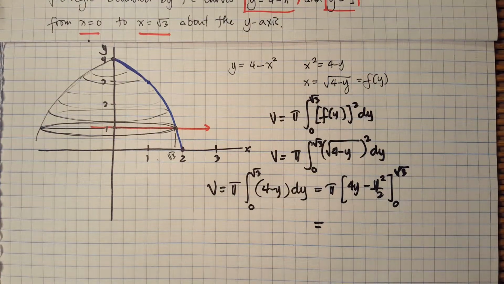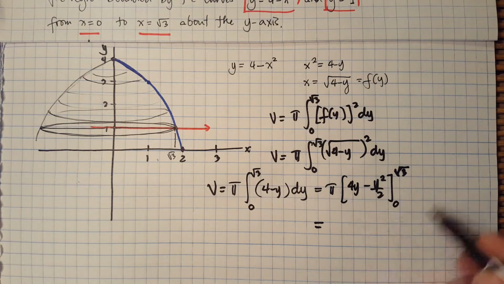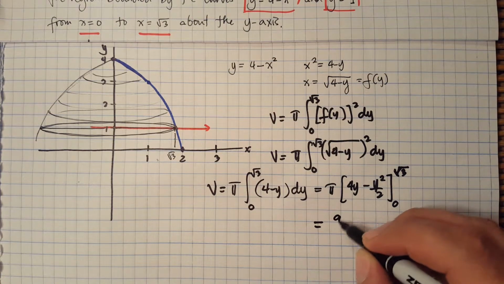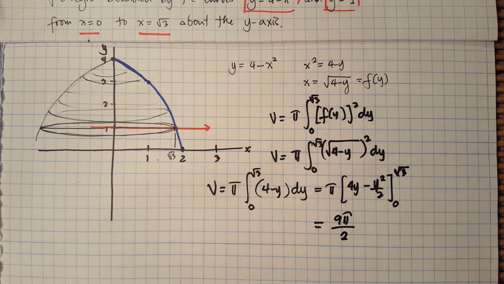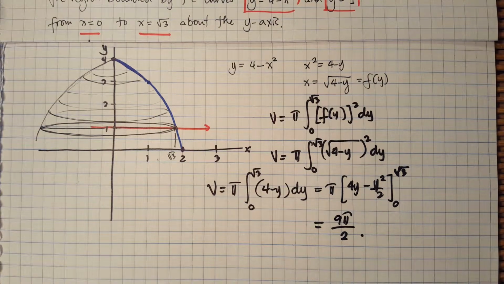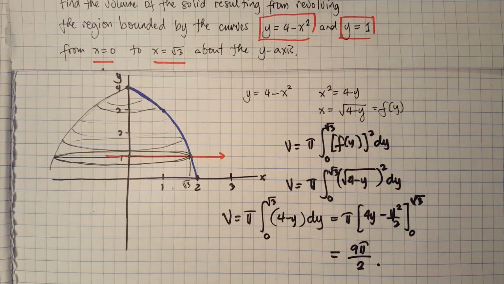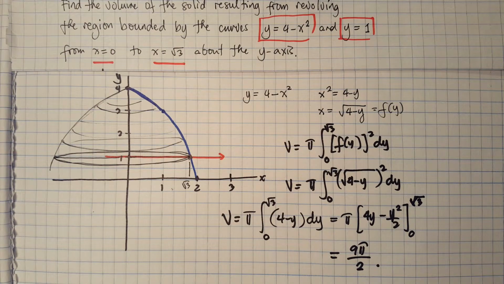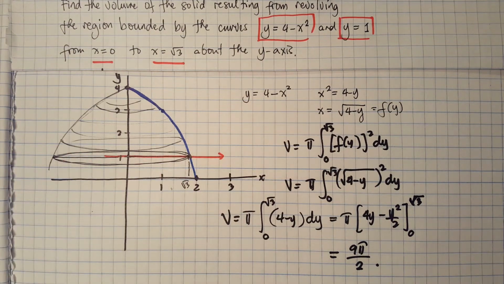After evaluating this, you should be able to verify that you get 9 pi over 2. So this is how you find the volume of a solid resulting from revolving a region with respect to the y-axis.